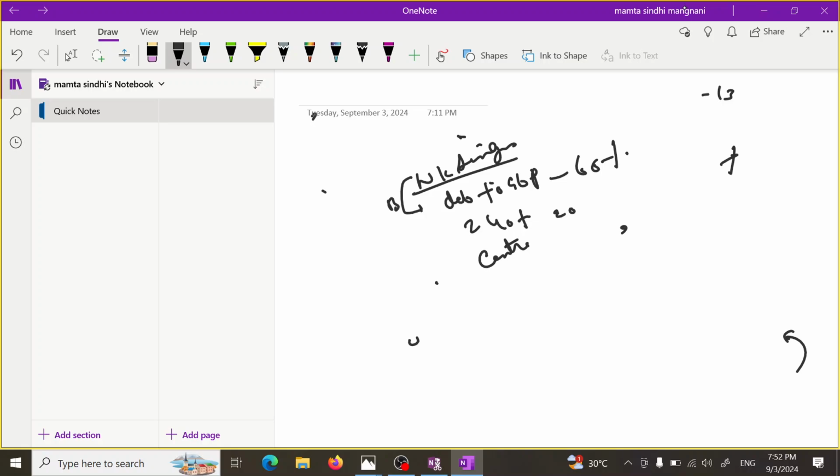Okay, and the NK Singh committee also added one escape clause. This escape clause basically allows deviation from the fiscal target under specific circumstances.